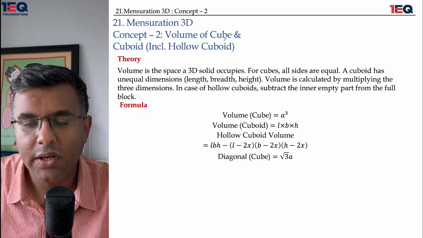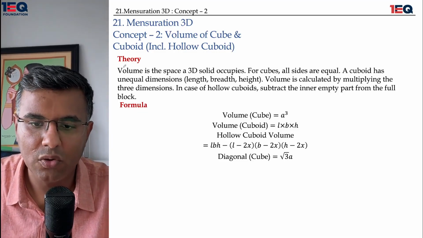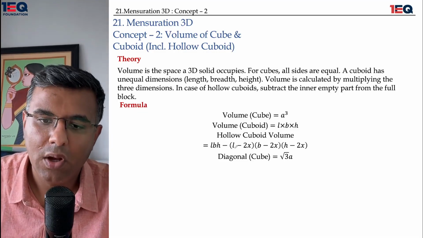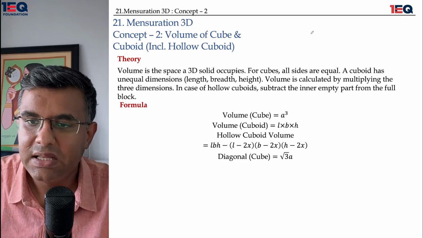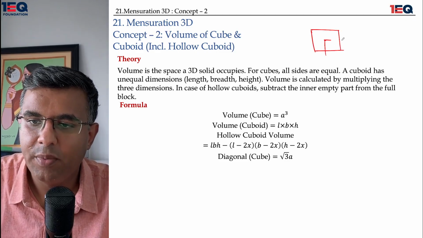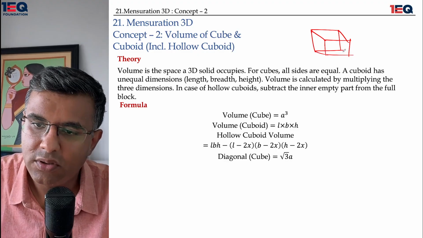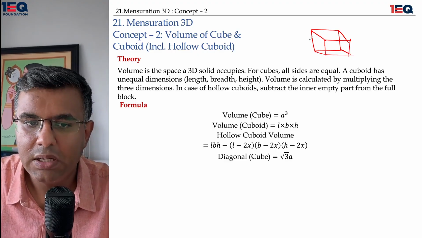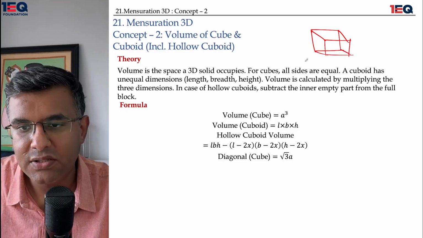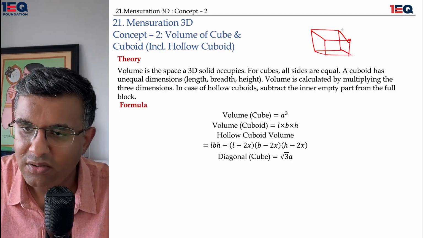Okay. Now we'll be talking about volume of the cube or volume of the cuboid. What happens in case of volume is that the space being occupied by a body is called the volume. Okay, it is the space a 3D solid occupies in the universe.